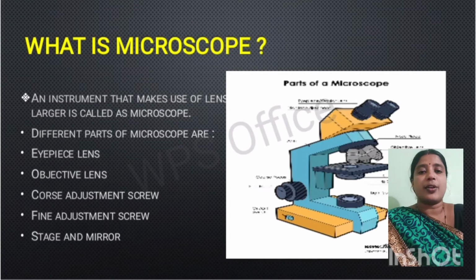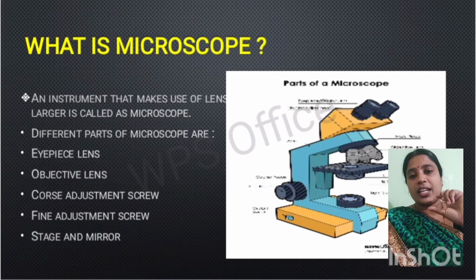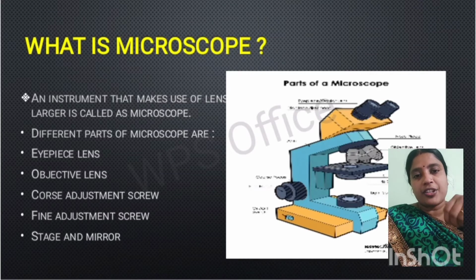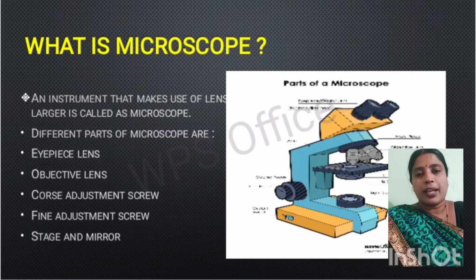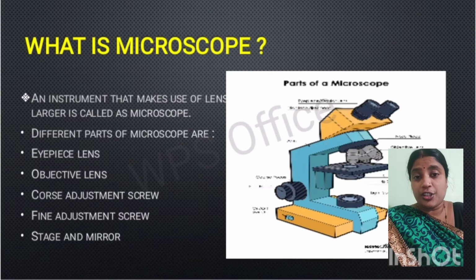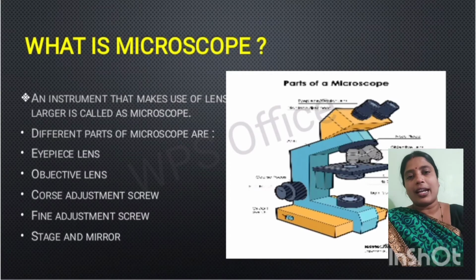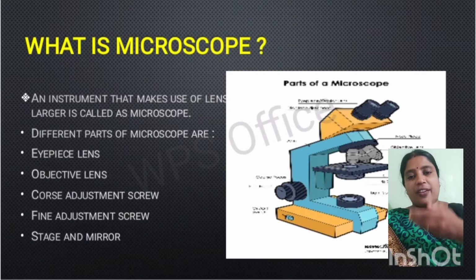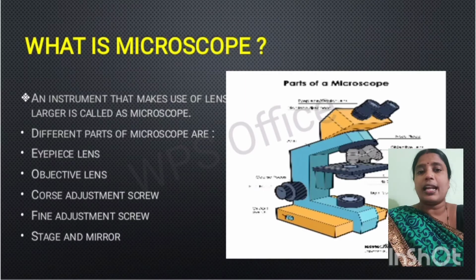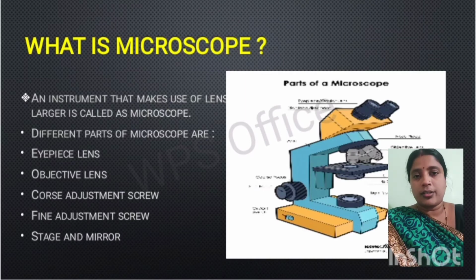Then the fine adjustment screw gives you a clearer vision of any object or specimen kept under the microscope. Now what is the function of the mirror? The mirror reflects the light coming from any source to the stage, on which the specimen is kept, and because of this light the visibility of the specimen becomes clearer.